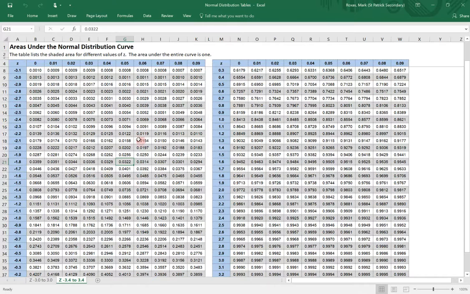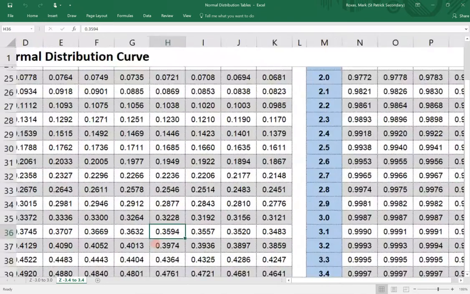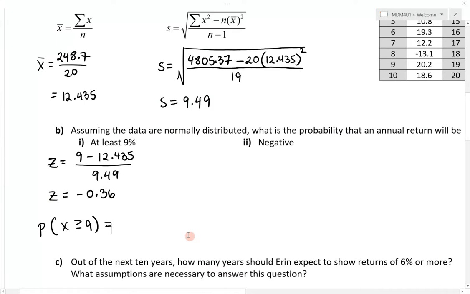So if I go to a z-score table and I find negative 0.36, so here's negative 0.3 in this row. The column determines the second decimal place, so 0.06 is over here. So finding the intersection of the two gives me a probability value of 0.3594. So 0.3594, that one right there. So remember, the 0.3594 represents the probability that z is less than negative 0.36.